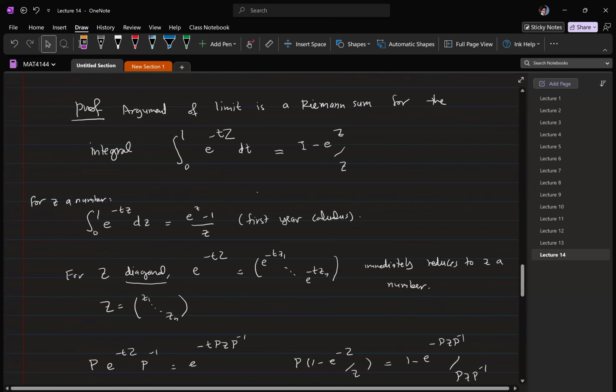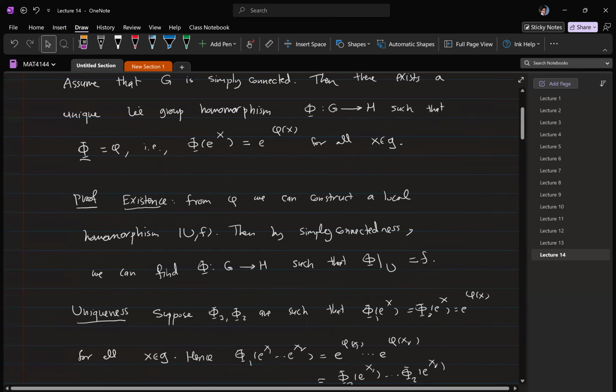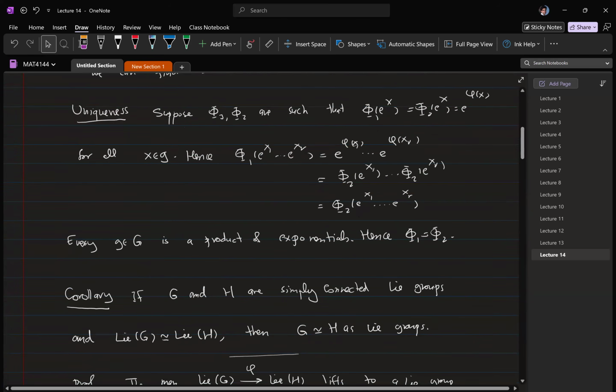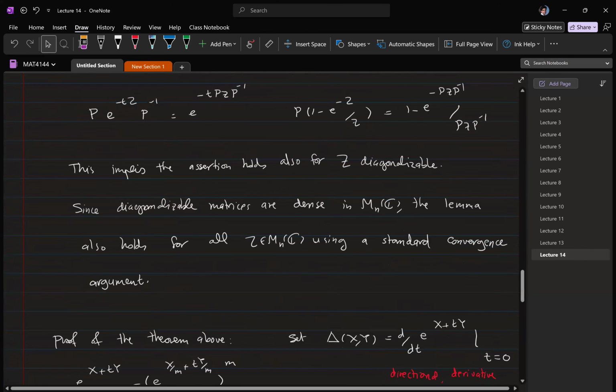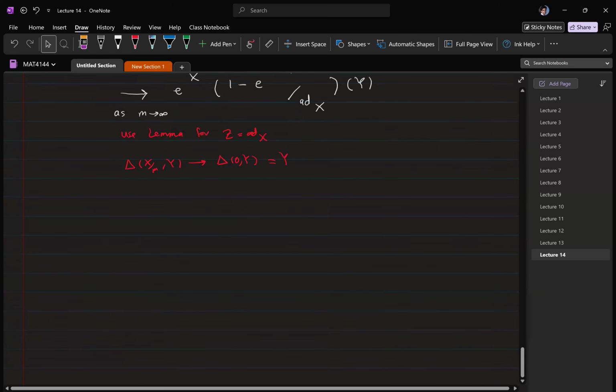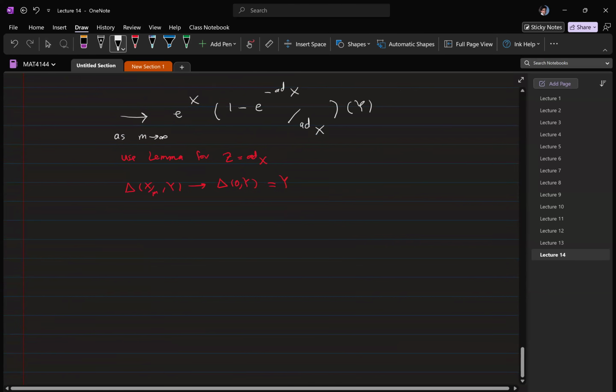All right. So remember, we are interested in this log of e to the x e to the y, and I would like to now consider, so make a proof of the BCH theorem.